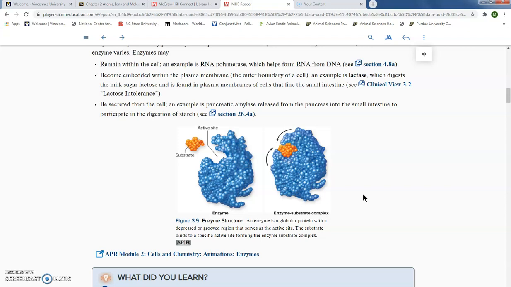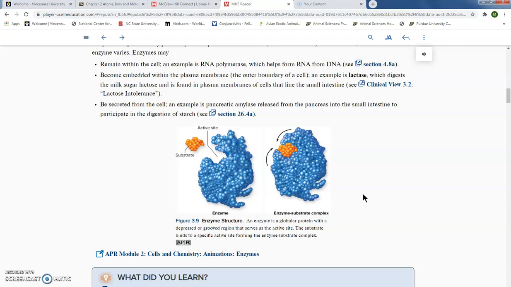We have epithelial cells that line our small intestines, and they may make the enzyme lactase, and whenever they make that enzyme, they'll release it out into the lumen, which is the area where the milk or any sort of food might be. I say milk because lactase is going to catalyze the digestion of lactose, which is the sugar that's in milk.